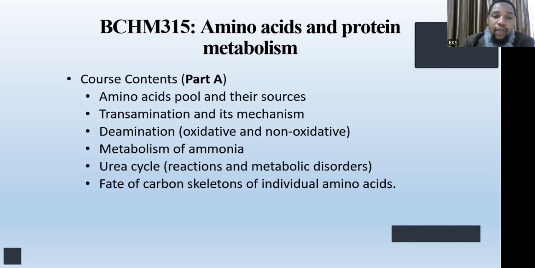The last part, the fate of the carbon skeleton of individual amino acids, is something that, like I said, we are going to see for all the 20 amino acids, even though you will have 6, 5, 3, 4 that have a similar pathway, and then we will discuss them all together. We'll see the entry of each amino acid, how it is broken down to the carbon skeleton, and what the carbon skeleton is used for.